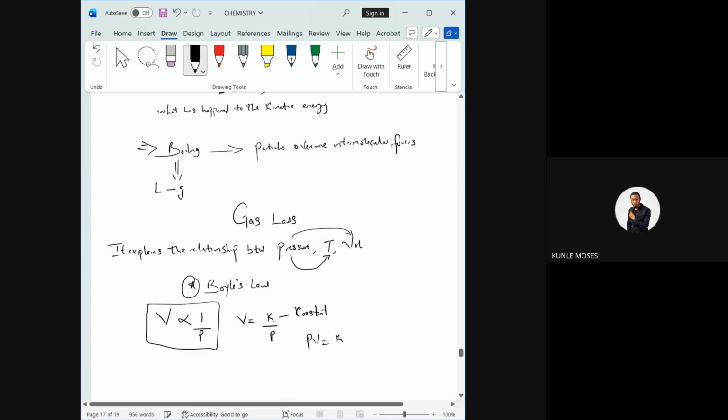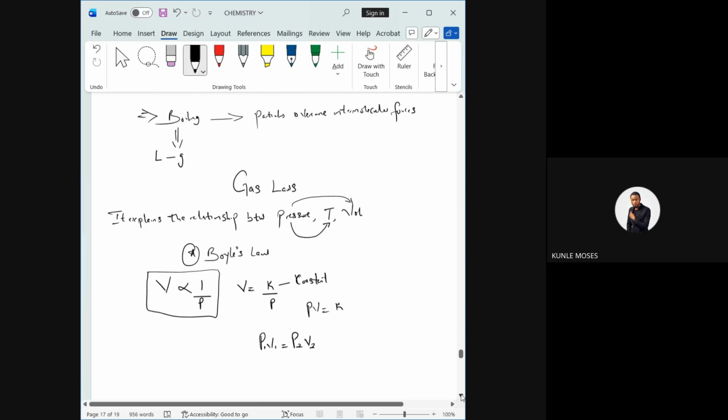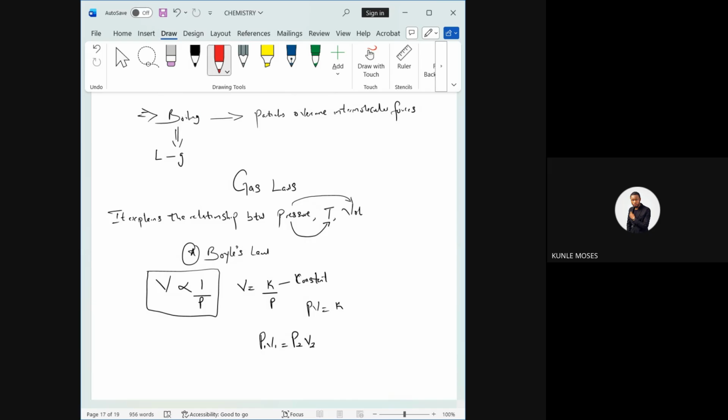So it simply means P1V1 equals P2V2. Please, is that taken? Do we all get this?